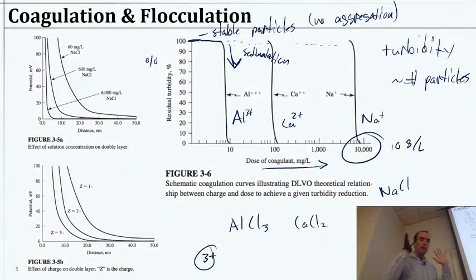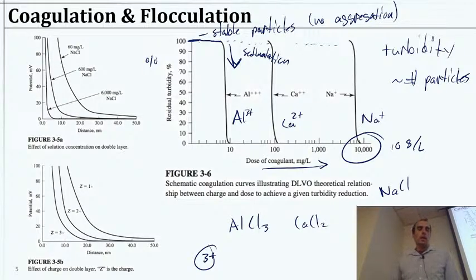So you can kind of start thinking about our natural systems by this, and you also see that 10,000 milligrams per liter is way too much salt to be adding to something we want to drink. Salt in general, table salt, is kind of hard to remove from water, so that's especially the case. We're not going to use sodium chloride as our coagulant, even if we technically could.